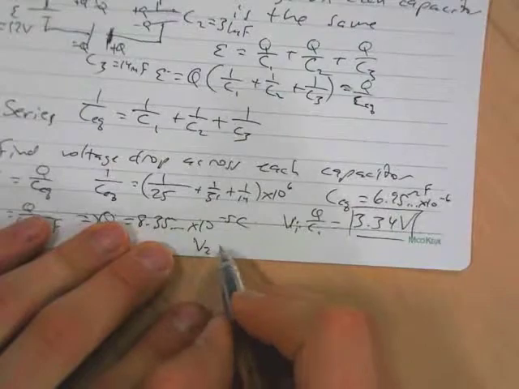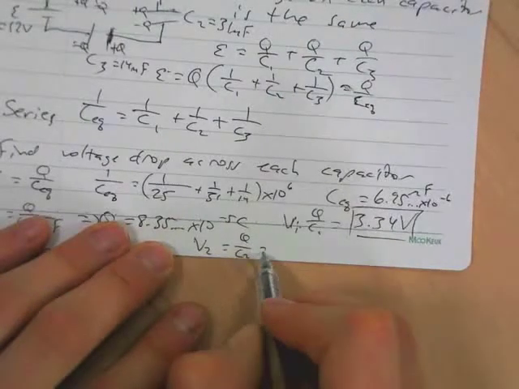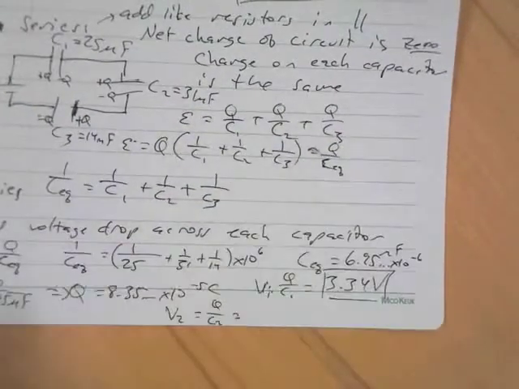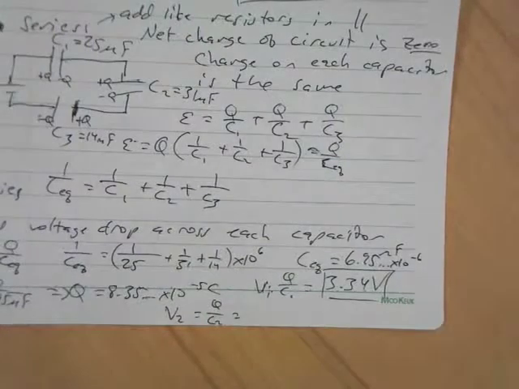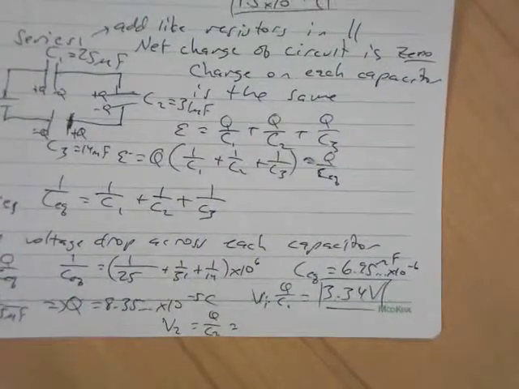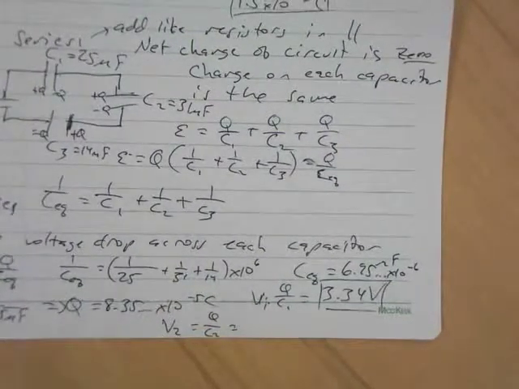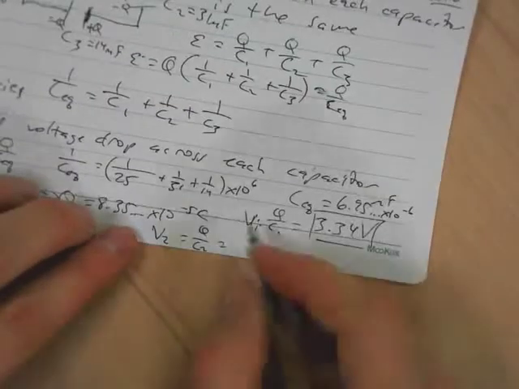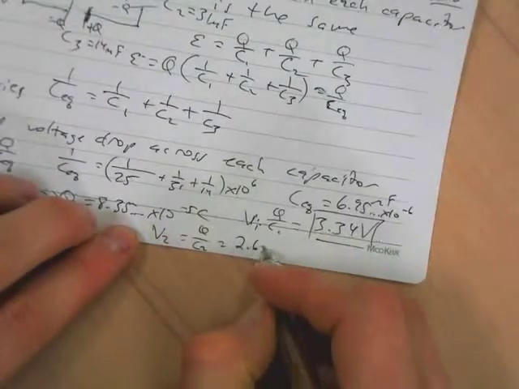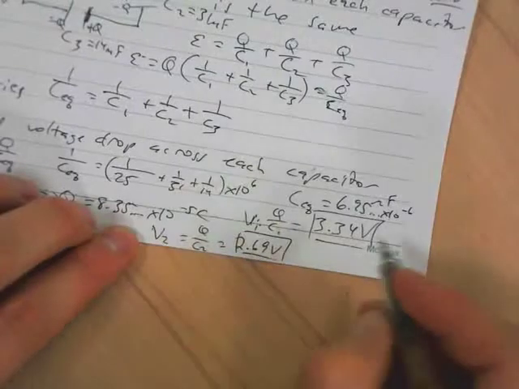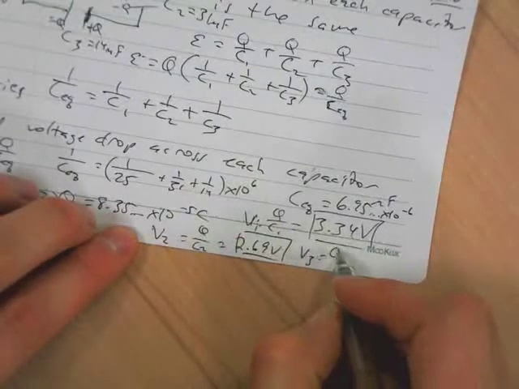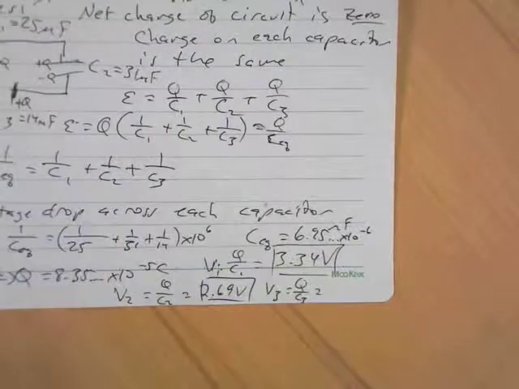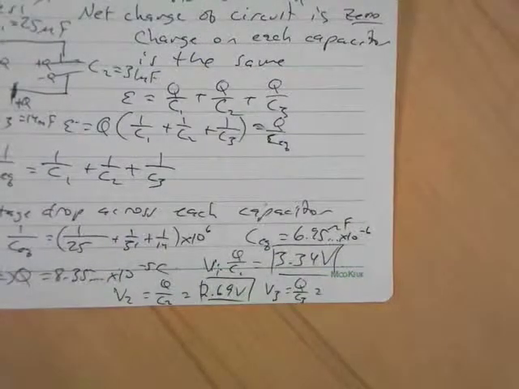Voltage drop across the second capacitor is that charge over C2, which is Q over, what was C2? 31 e negative 6, which comes out to 2.69 volts. And then V3 is that charge over C3, which is Q over 14 e negative 6.